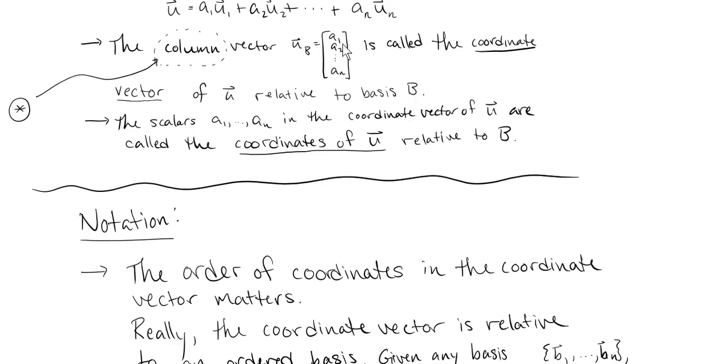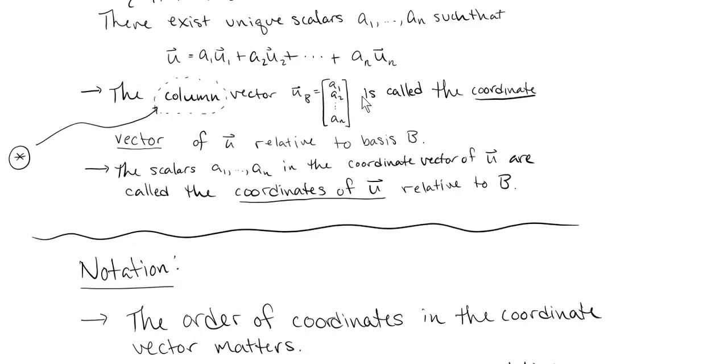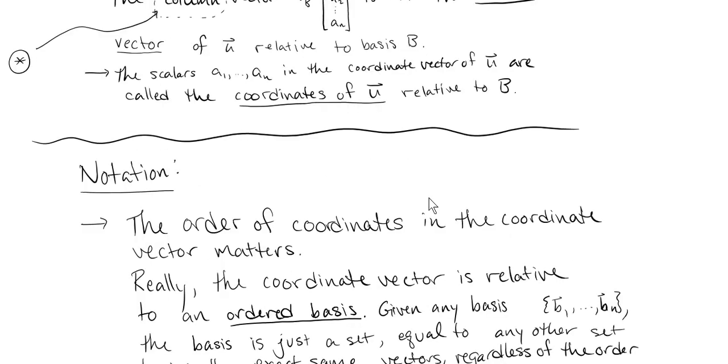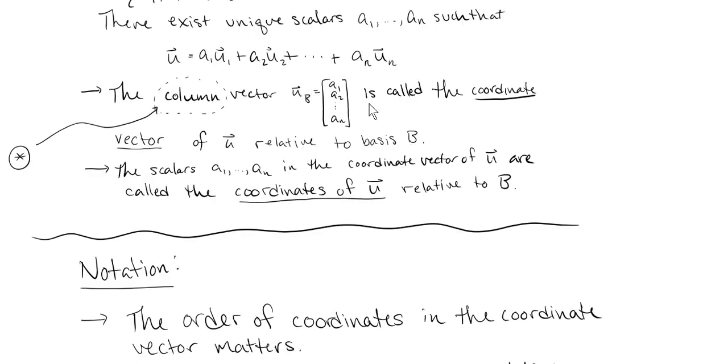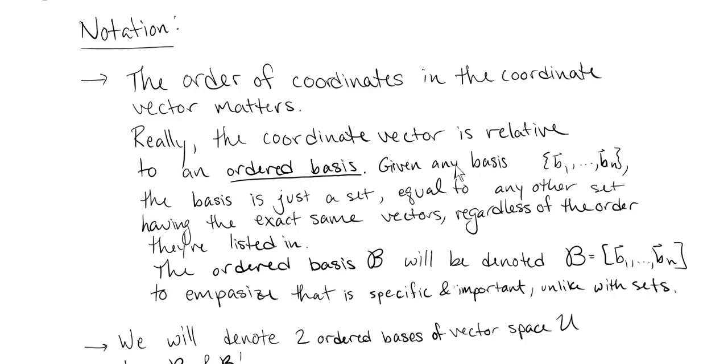It tells us which scalar goes with which vector from the basis to make up this linear combination. And so really, the coordinate vector is not just relative to any basis, it's relative to a given ordered basis, where the order that we're writing those vectors determines the order that we write these coordinates in the coordinate vector. Right? So let's look at this a little more.